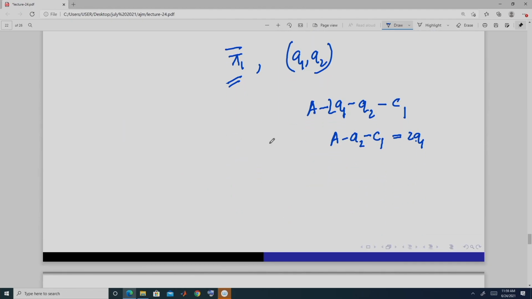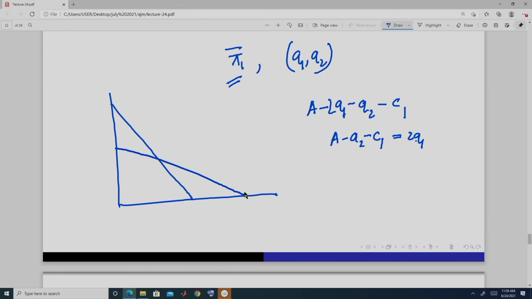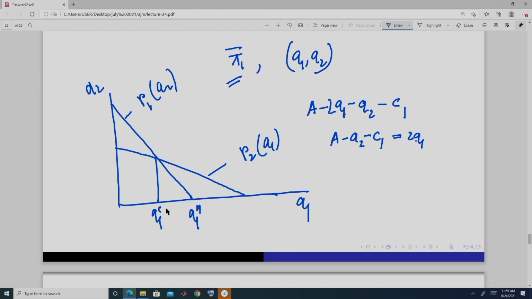So, if we take these as the reaction functions of firm 1 and firm 2, the Cournot reaction functions, this is the output when firm 1 is monopoly, this is the output when firm 2 is Cournot, and here we get curves like this, where the derivative is 0 here of the isoprofit curve.